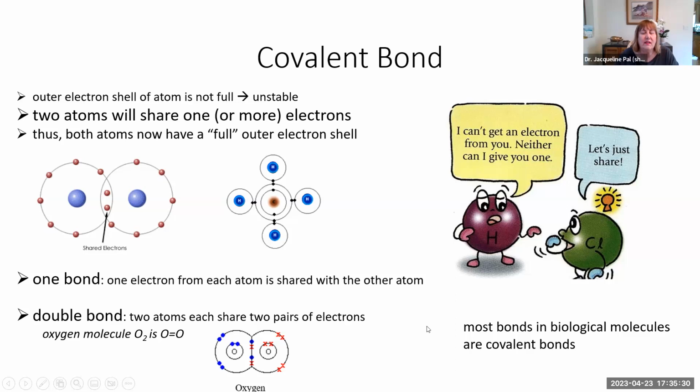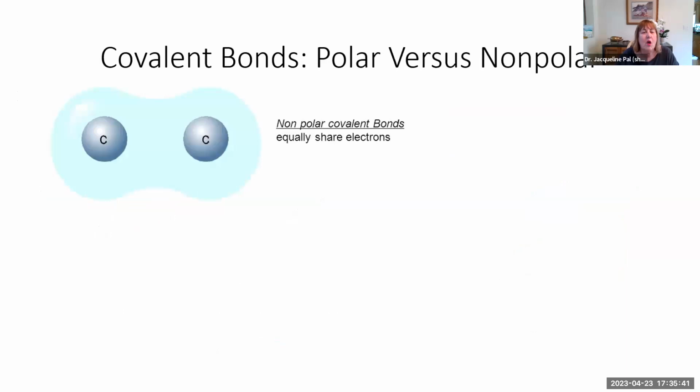And if we look in biology, in your body, most of our bonds are going to be these covalent bonds. Not quite as strong as an ionic bond. When we look at covalent bonds, we can describe them as either being polar or non-polar.